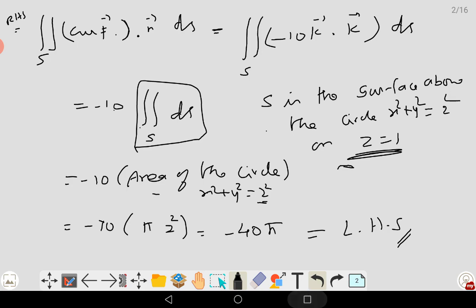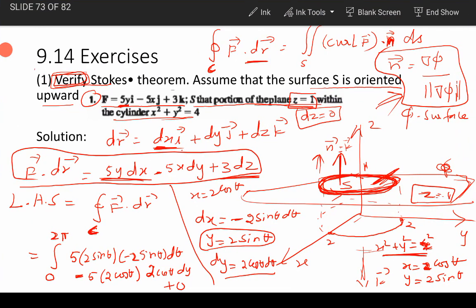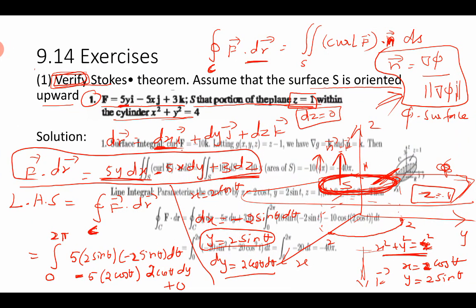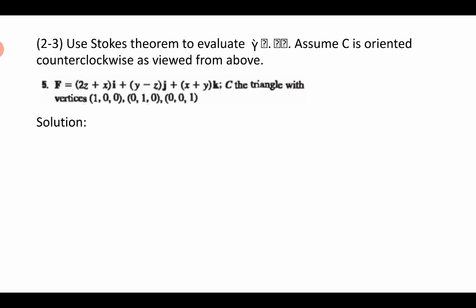Let's go to the next problem. The next problem is the case where we use Stokes theorem to evaluate a line integral. Let me complete the statement. To evaluate, assume C is oriented counterclockwise as viewed from above.